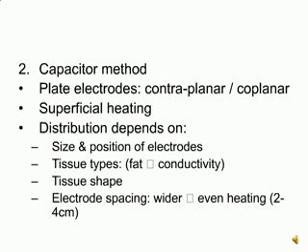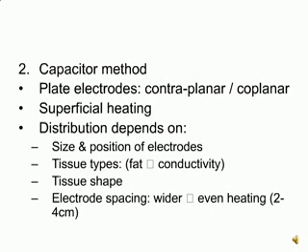The capacitor method uses plate electrodes applied on the same or opposite sides of the body part. This method causes more superficial heating than the inductive method. The distribution of the electromagnetic field depends upon the size and position of electrodes, with larger electrodes spreading the field more widely and closer electrodes concentrating the field.